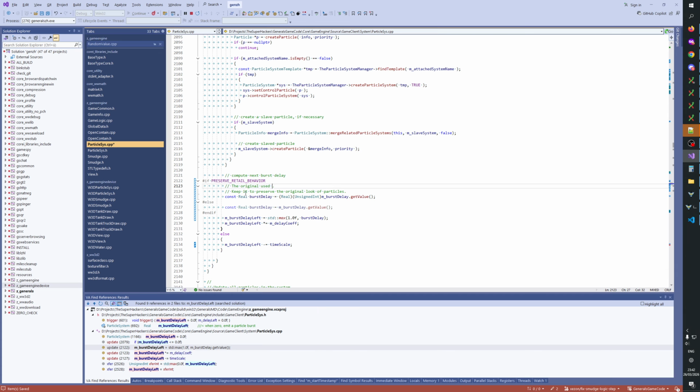Let's say keep base compatible with the original look of particles.